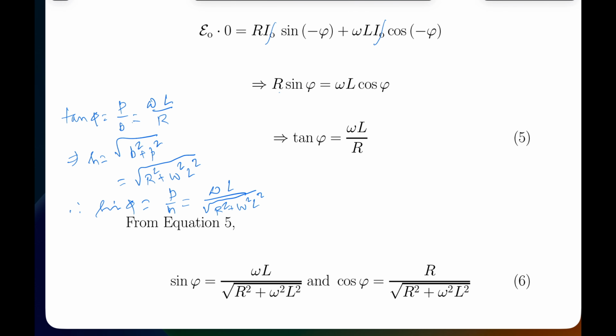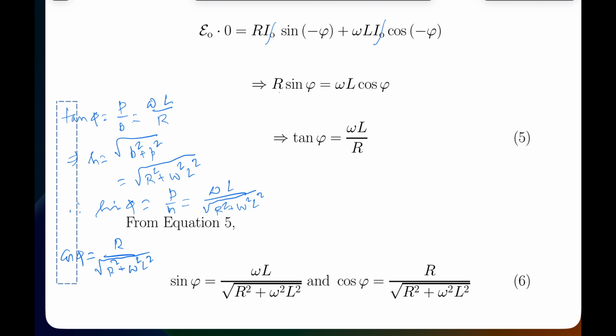Similarly, cos phi, how much will it be? Cos phi will be equal to R divided by root over R square plus omega square L square. So this is written here. Sin phi is this and cos phi is this. Okay.